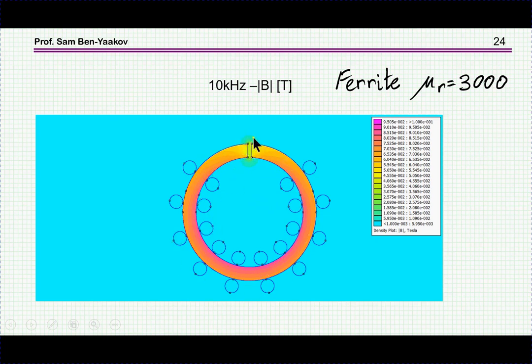However, there is some fringing here, which dilutes the density of the magnetic flux a little, and therefore the magnetic flux density within the gap is lower than here due to this spreading of the lines. Okay, so this is why we see it at a lower intensity than within the ferrite.